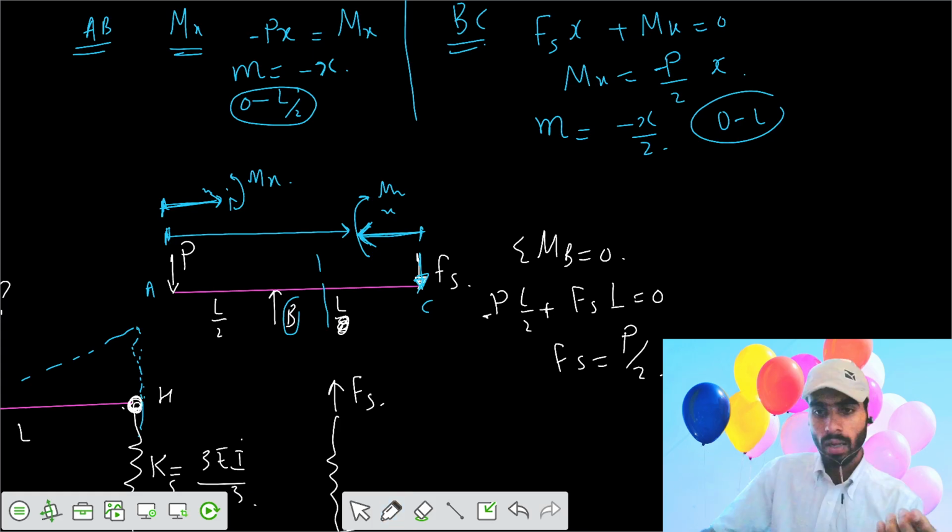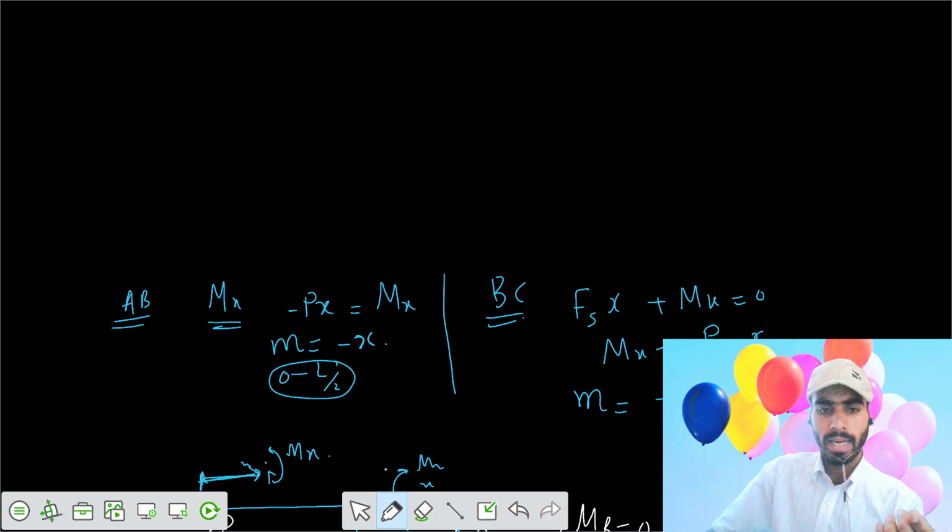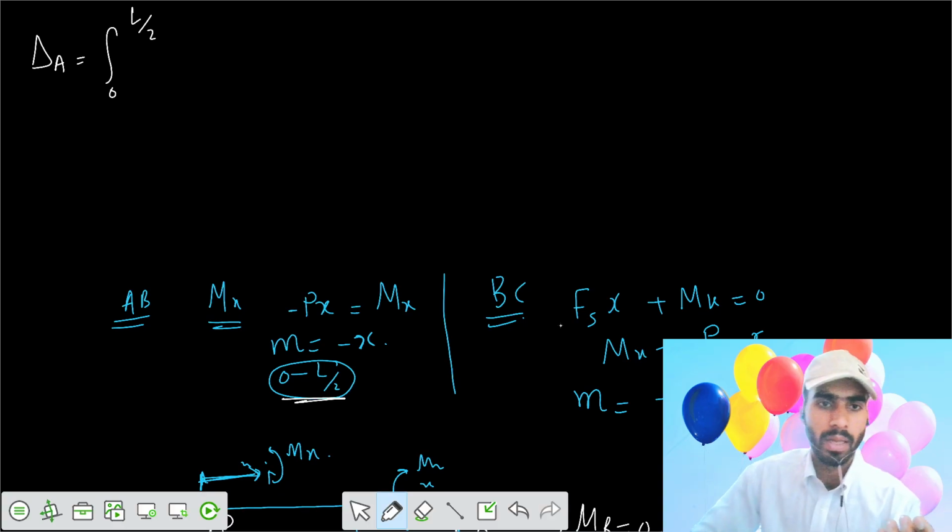Let's now get the value of delta at A. So delta at A is the integral from 0 to L by 2, and you don't have to set P equal to 0 because P is already acting there. So you keep P as it is.